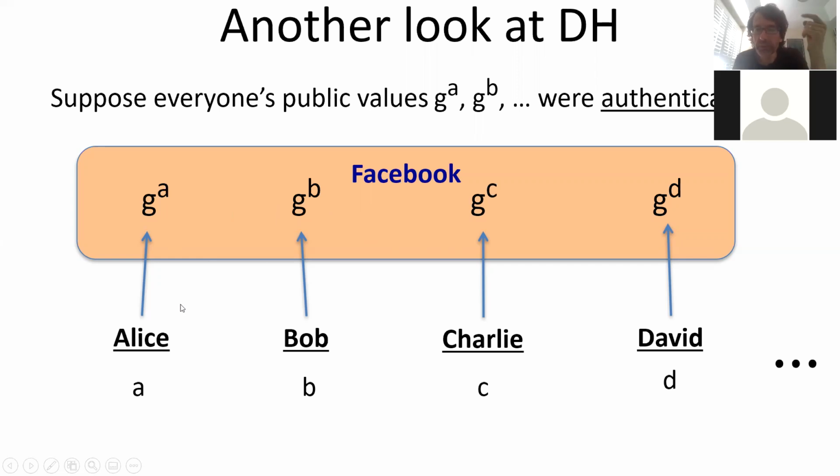So you didn't get out of the necessity of authentication, you just split the job into two. You say, well, I don't need to know how to authenticate people. I just need to know how to authenticate what Facebook says.